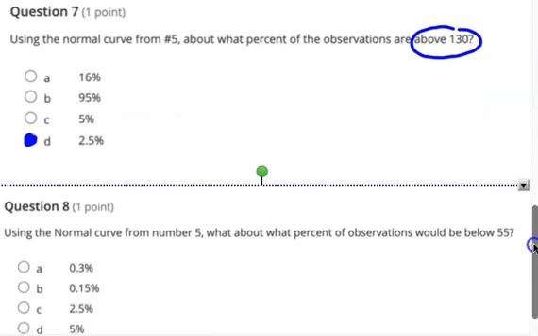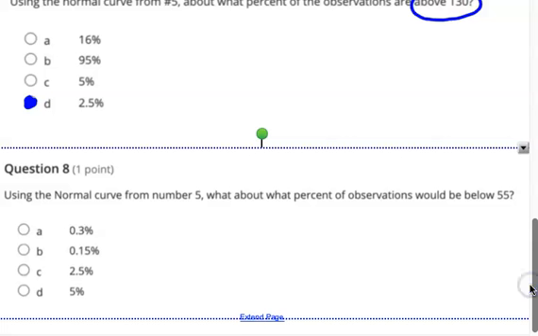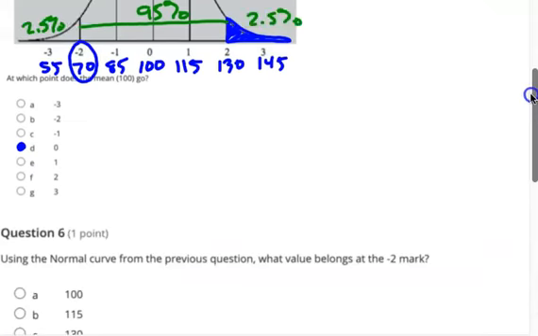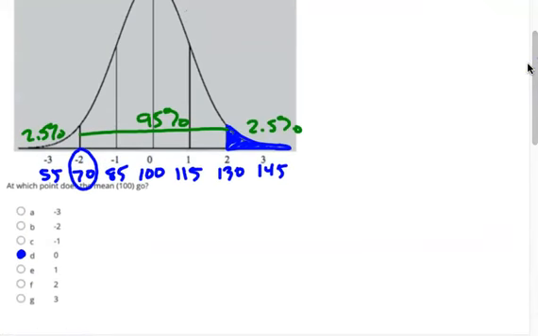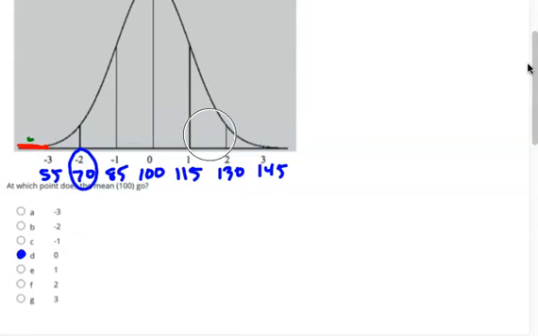Number 8, using the normal curve for number 5, what percent of observations would be below 55? Okay, to the left of 55. So here's 55. I'll make it red. Okay, what percent is this? Okay, remember what we have is that from -3 to +3, that's 99.7%.